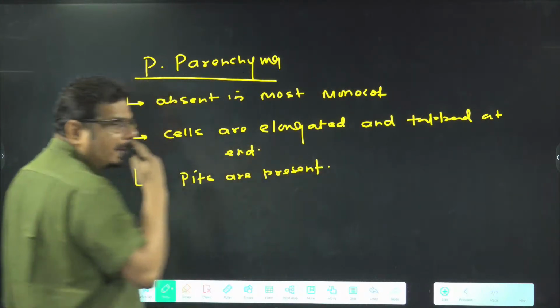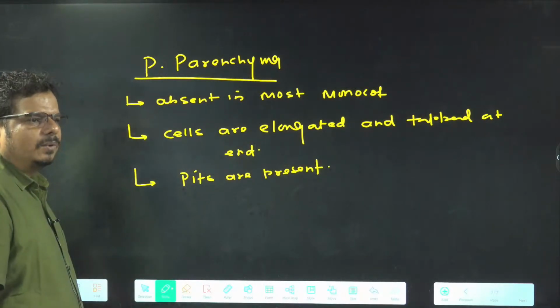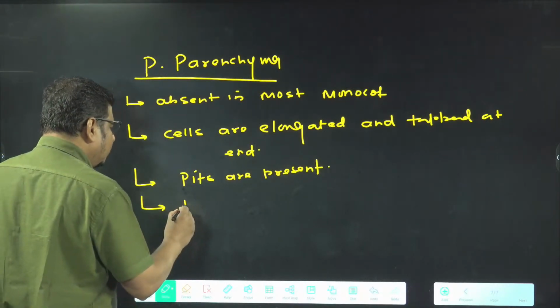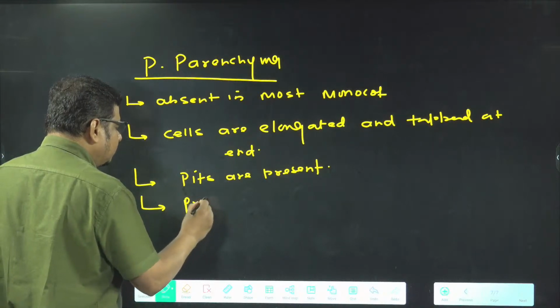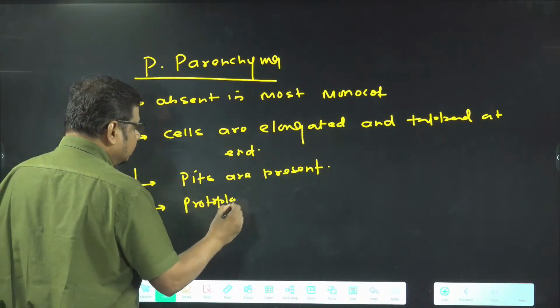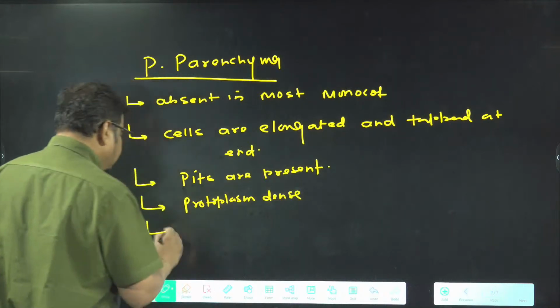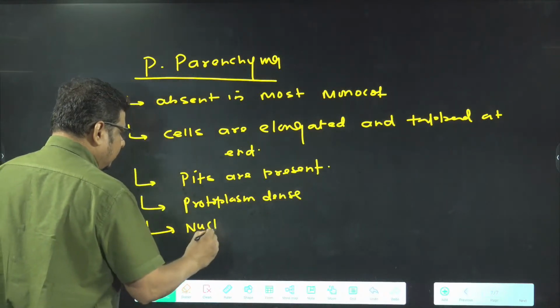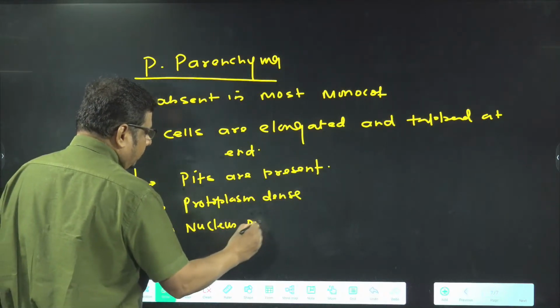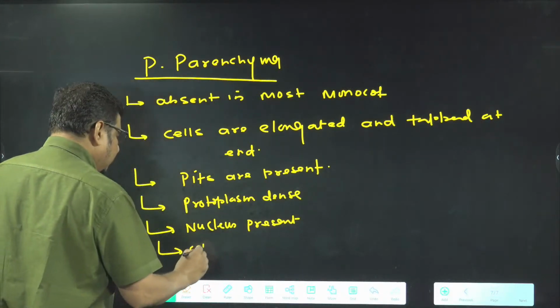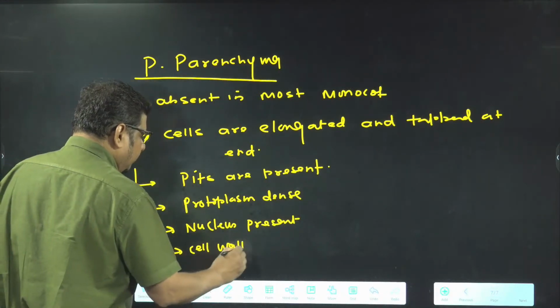Who is present? Pits are present in phloem parenchyma. If you talk about phloem parenchyma, protoplasm is dense, nucleus is present, and of course the cell wall is cellulosic.